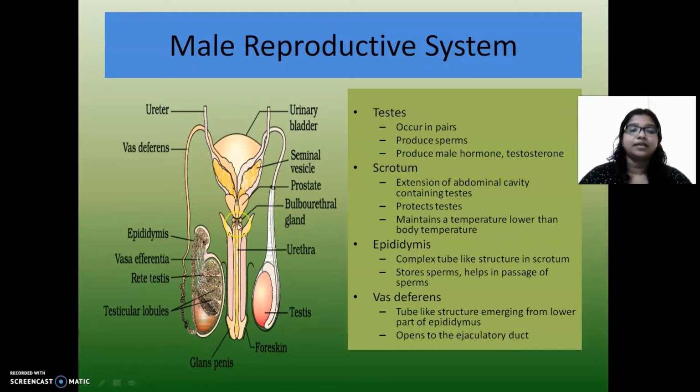The copulatory organ in the human male is the penis, a muscular structure through which the urethra passes. That urethra is the common passage for both urine and semen.